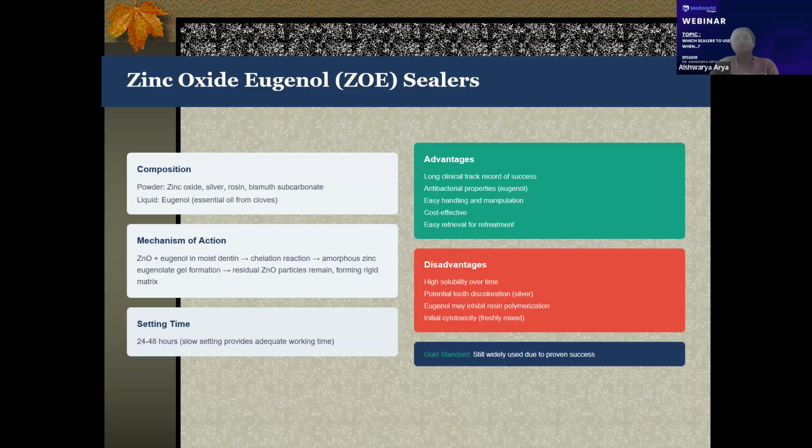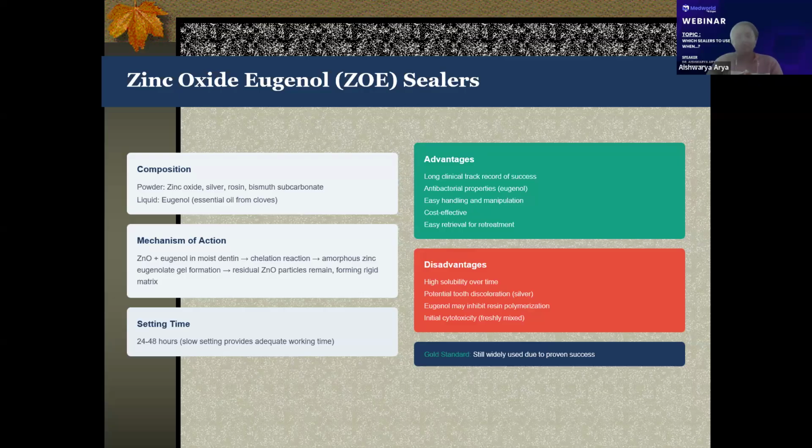Because it was highly soluble, it could lead to a discrepancy between your obturating material and the radicular space. It could also engrave a lot of periapical infection. And of course, eugenol has an irritant property, and it inhibits the resin polymerization. Also, a few studies have demonstrated that it had cytotoxicity.